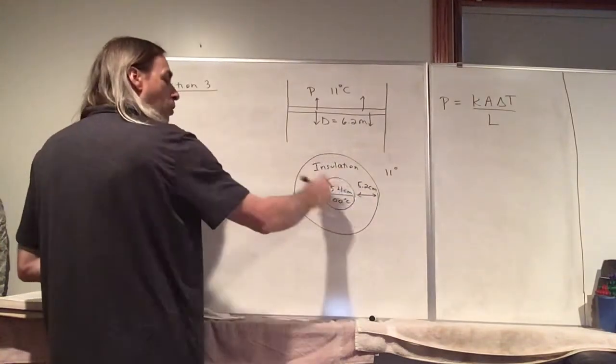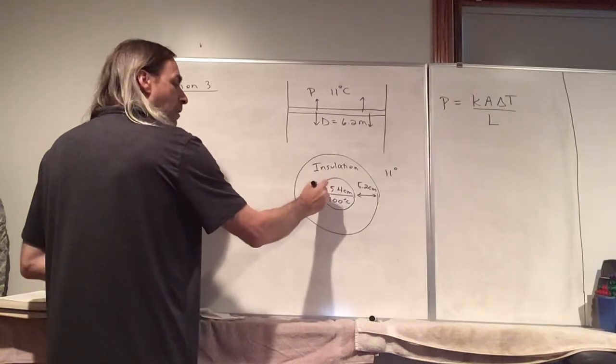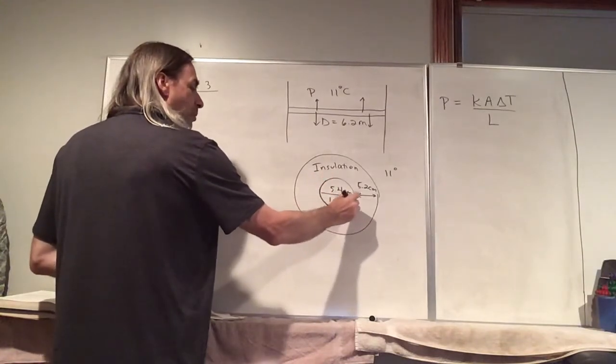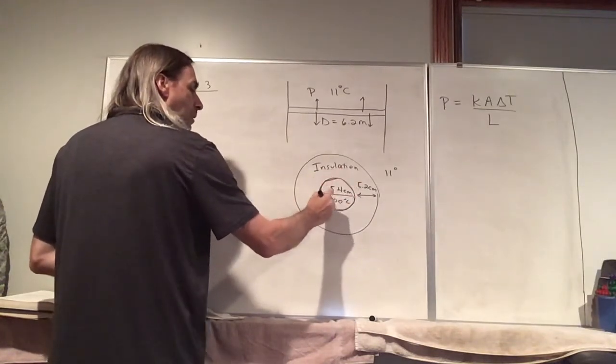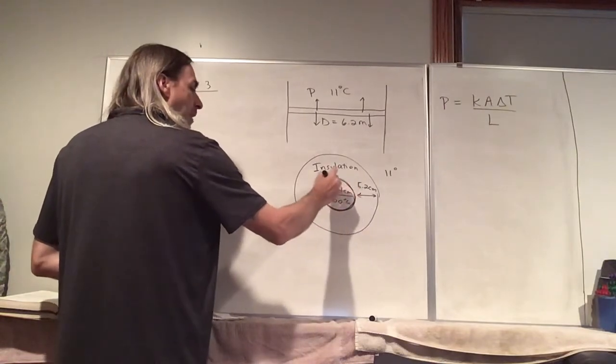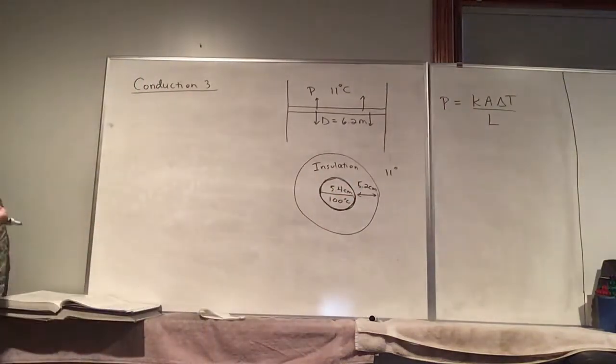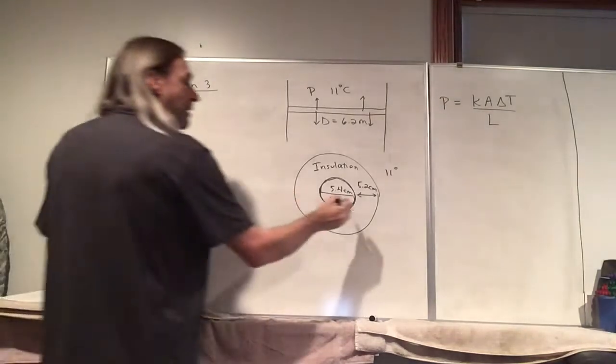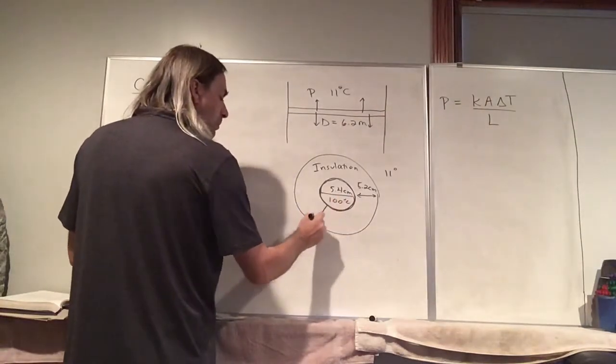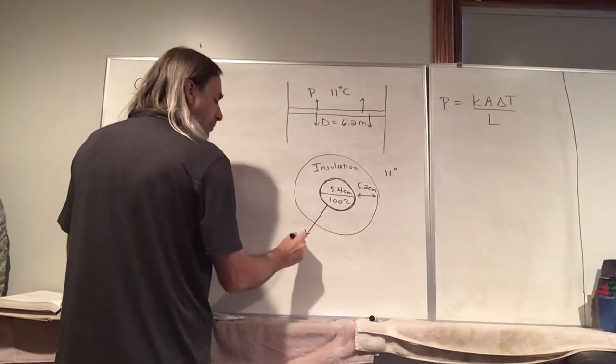So this is a hollow pipe, like the pipe itself has some thickness, which is fairly thin, so we don't have to worry about that. And the pipe is the same temperature as the steam. So basically, heat is going to flow, we'll just look and say this direction.